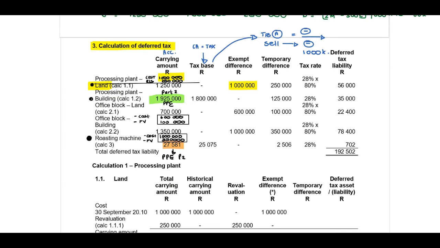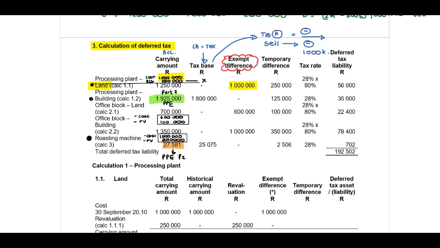Therefore, our tax base will technically be 1 million. You just need to remember that this will be exempt for FAC 3702. In terms of the 250,000, what will our tax base be? 0, because this is an accounting entry, not a tax entry.